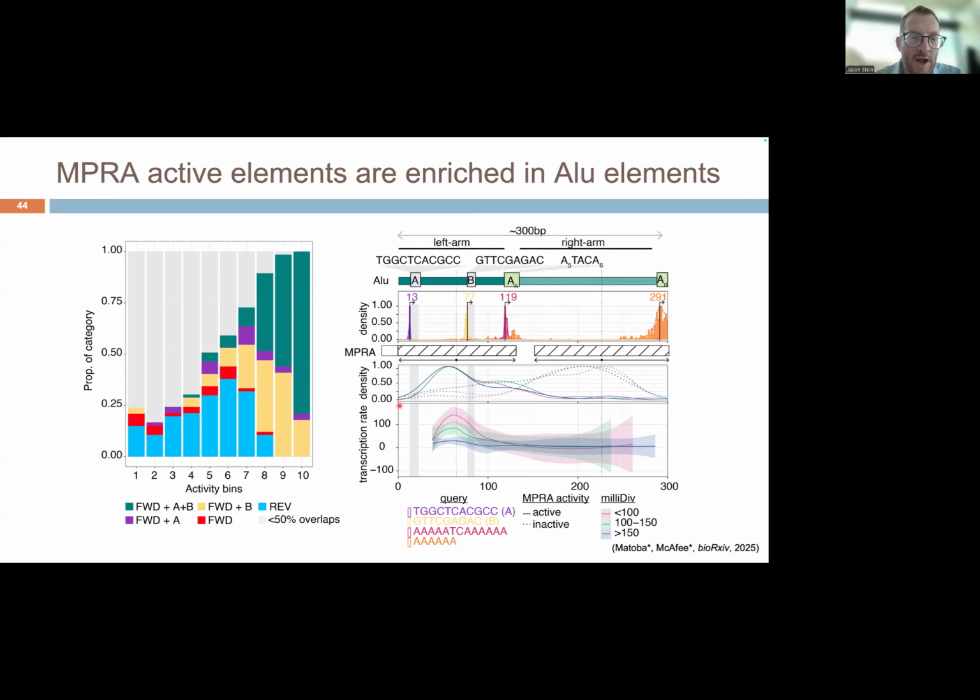Interestingly, EMPRA activity was specifically enriched in the left arm of the ALU elements, which contain these A or B boxes. ALU elements that are the youngest, with the least amount of mutations within them, showed the highest level of enrichment in these cortical structure associated EMPRA active elements. What this implies is that younger ALU elements may have created novel gene regulatory regions important for altering brain development and structure along the human lineage.